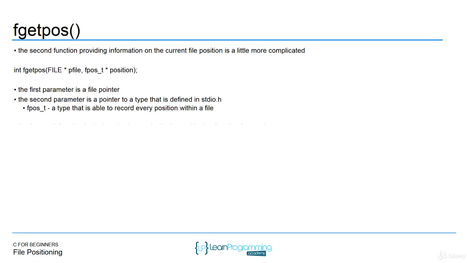The second parameter is a pointer to a type that is defined in stdio.h. The fpos_t type is able to record every position within a file. The fgetpos function is designed to be used with the positioning function fsetpos. So you'll use fsetpos and then you use fgetpos in combination with that.